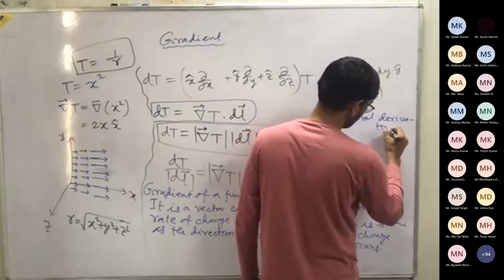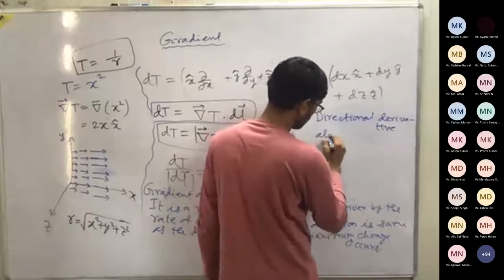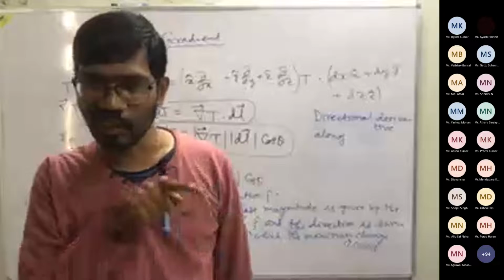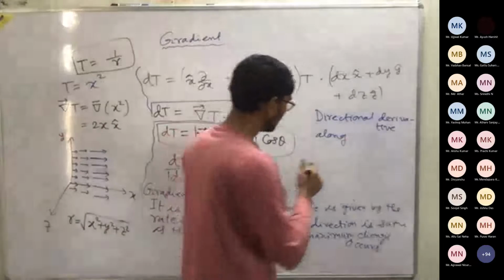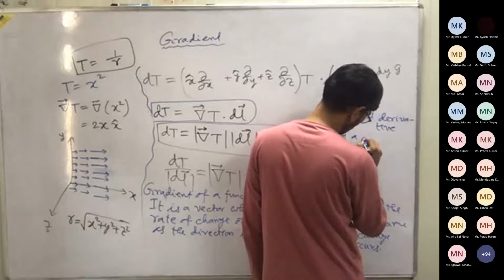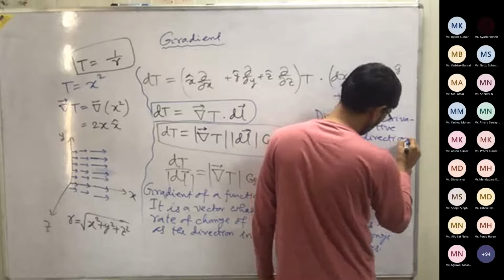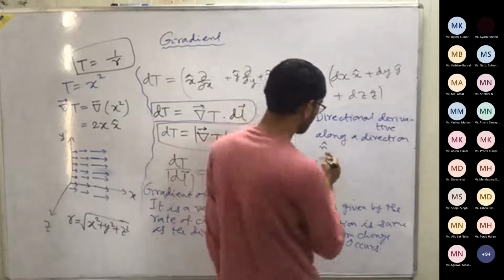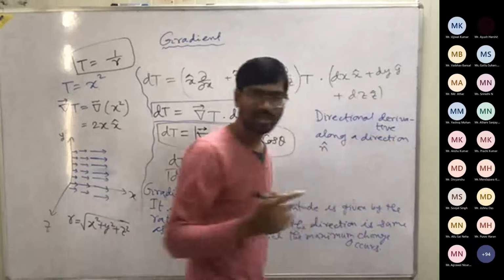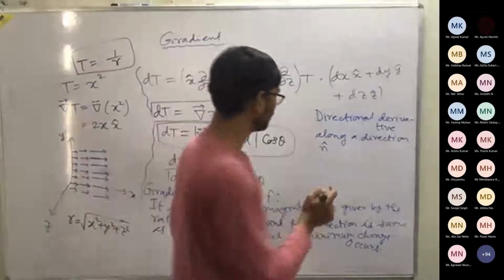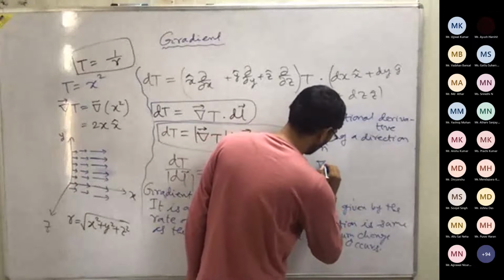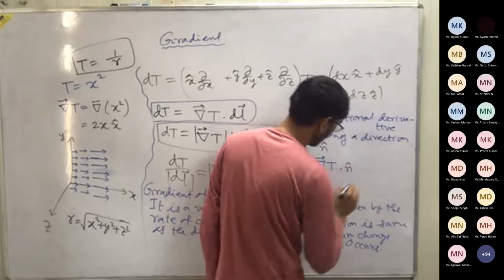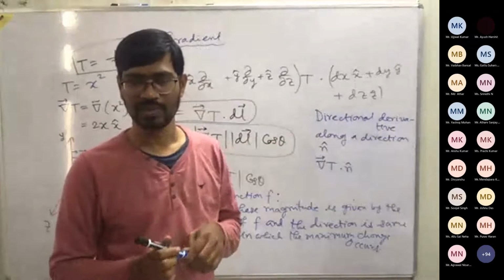So directional derivative means the derivative of a function along a particular direction, let's say n cap. This is the directional derivative of a function T: you take grad T and then take the dot product with n cap. Is that clear?